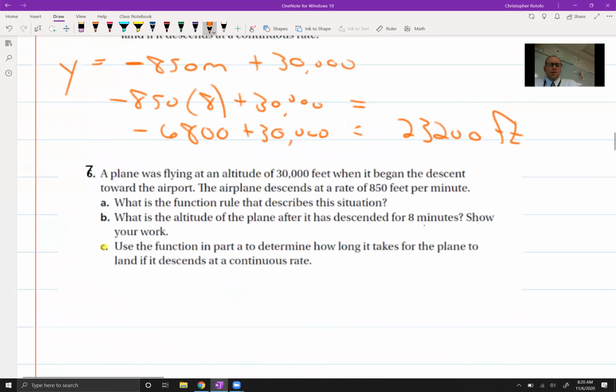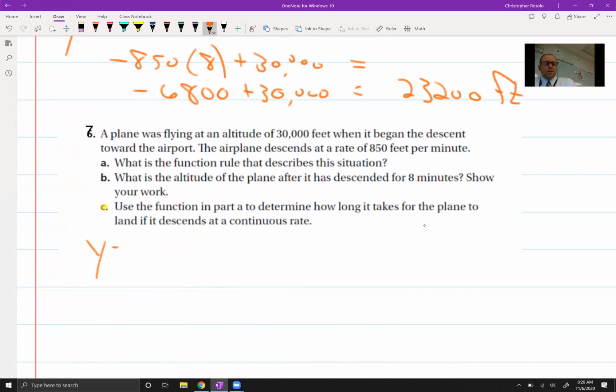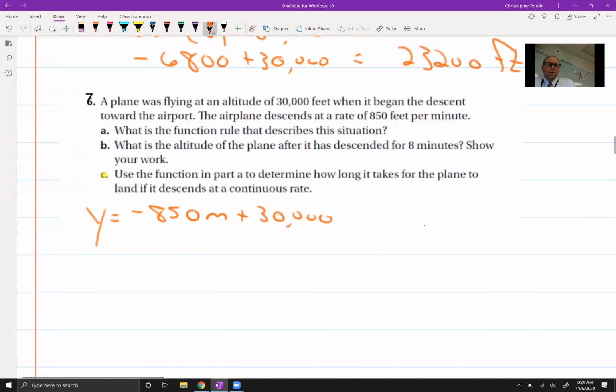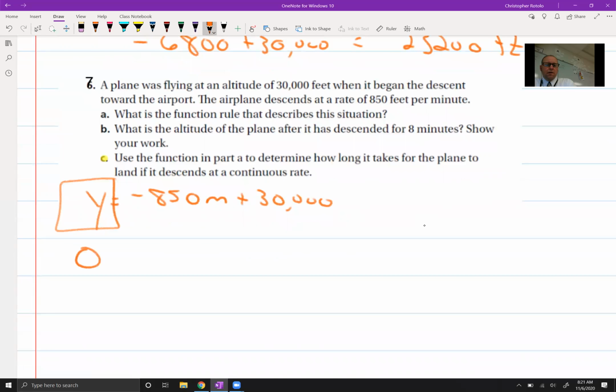So let's take that equation, same problem: y equals negative 850 m plus 30,000. We're going to use that function to determine how long it takes for the plane to land if it continues at this continuous rate. In this case, y is telling me my new altitude, so I need my altitude to be 0.